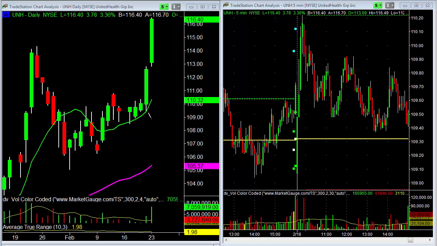But I'm in it because I see this, and I admittedly had tried at least one other time with opening ranges. One of those times might have even been here and gotten stopped out. But my plan was to stick with it to see if it could make it back up to here.